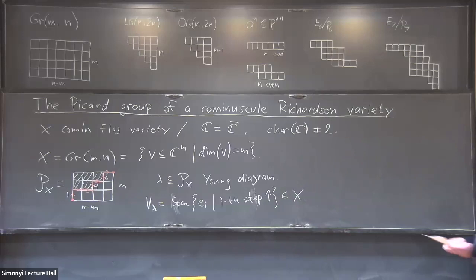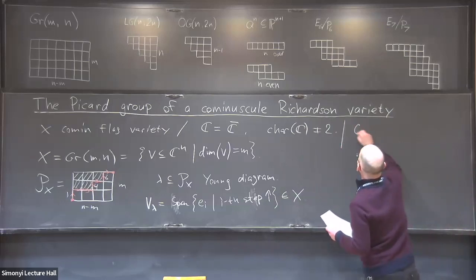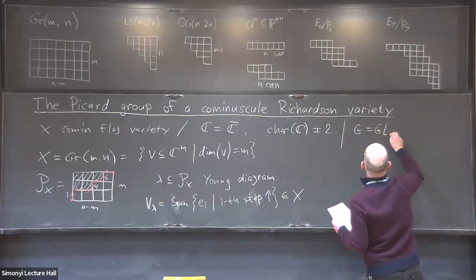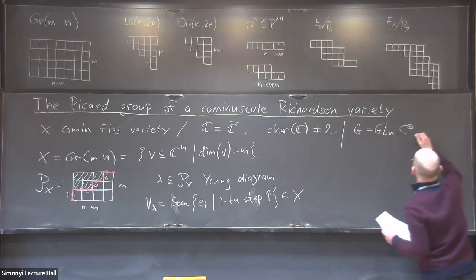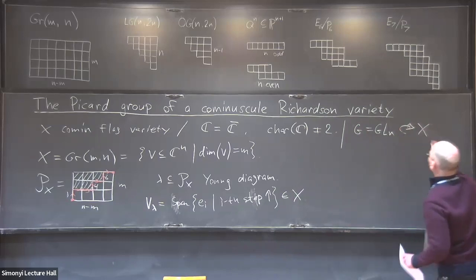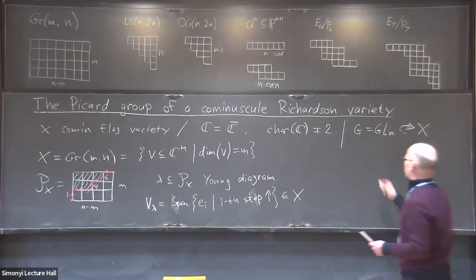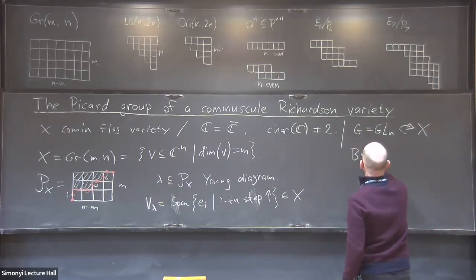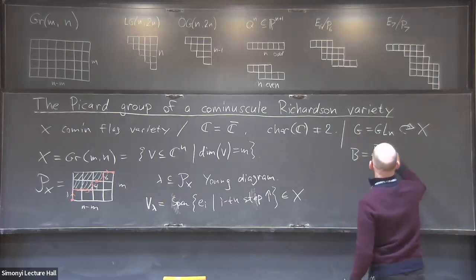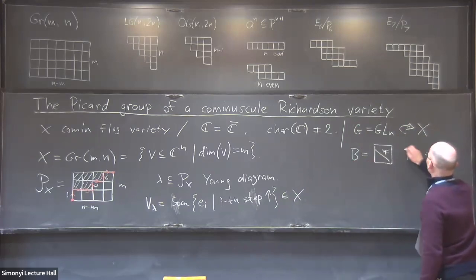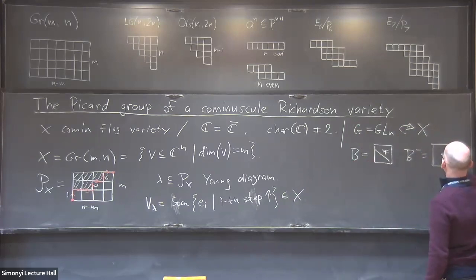So I have some groups acting: GL_n acts on the Grassmannian, and inside we have the Borel subgroup B, upper triangular matrices, and B minus will be the lower triangular matrices.